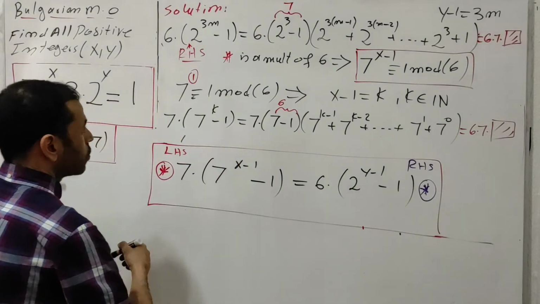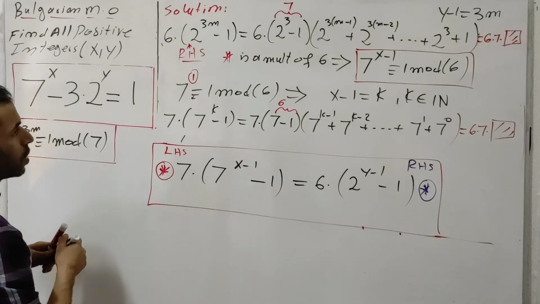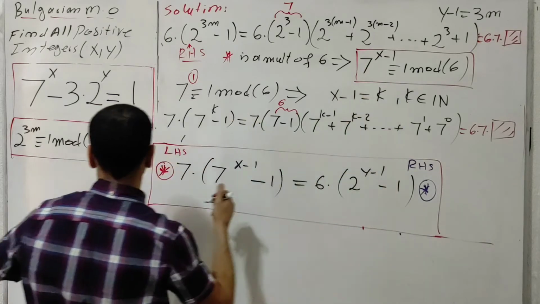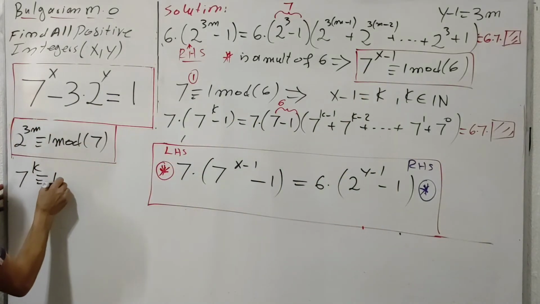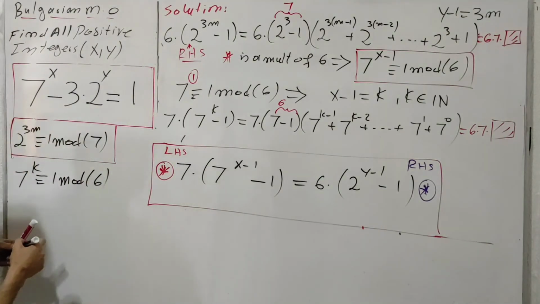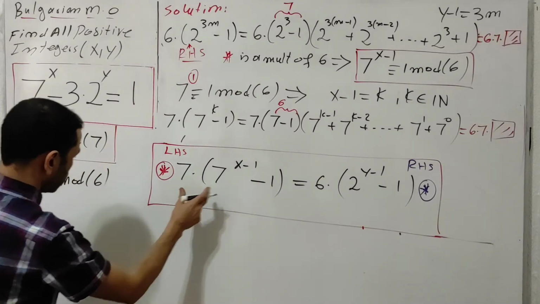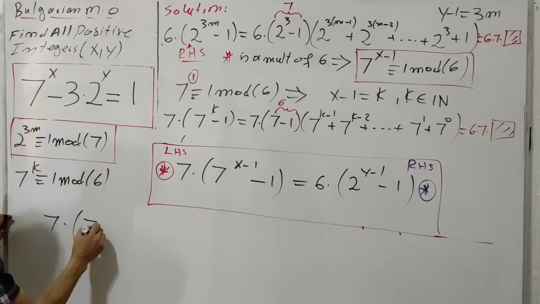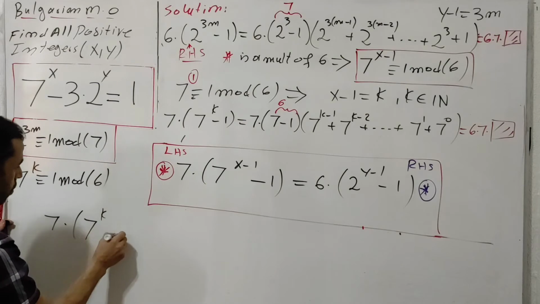We found in the first equation that 2 to the 3m is congruent to 1 mod 7. Now in the second equation, we found 7 to the k is congruent to 1 mod 6. In other words, I'm going to express this one as a solution. I'm going to replace here. We'll have 7 multiplied by 7 to the k minus 1.